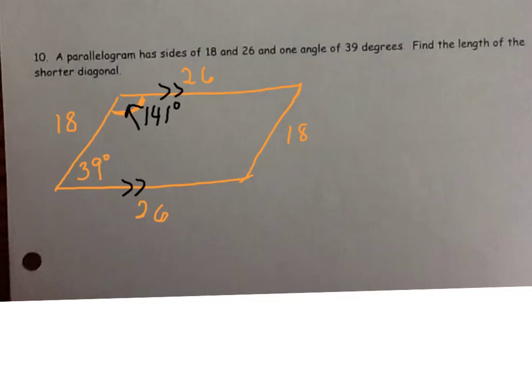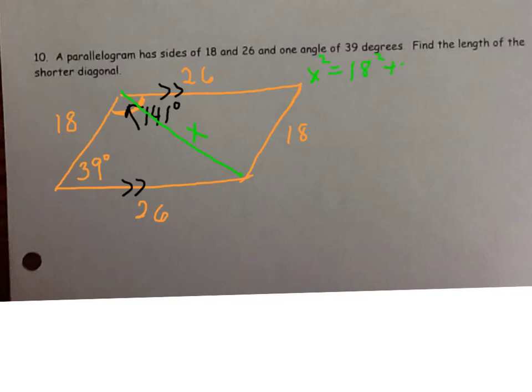Okay, so let's draw first. I'm going to draw the one going this way. Label it X. Alright, so if I have a side angle side case, and I'm looking for the opposite side, I should be thinking law of cosines. So it would look something like this. X squared equals, law of cosines says this.